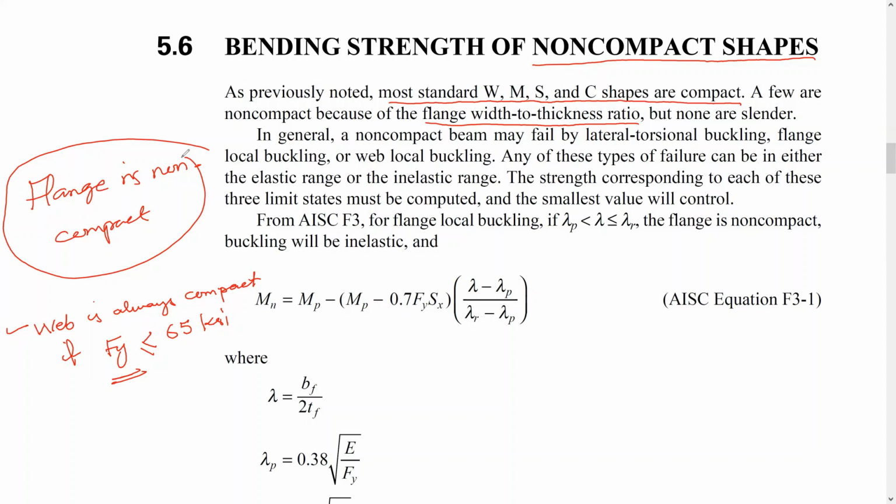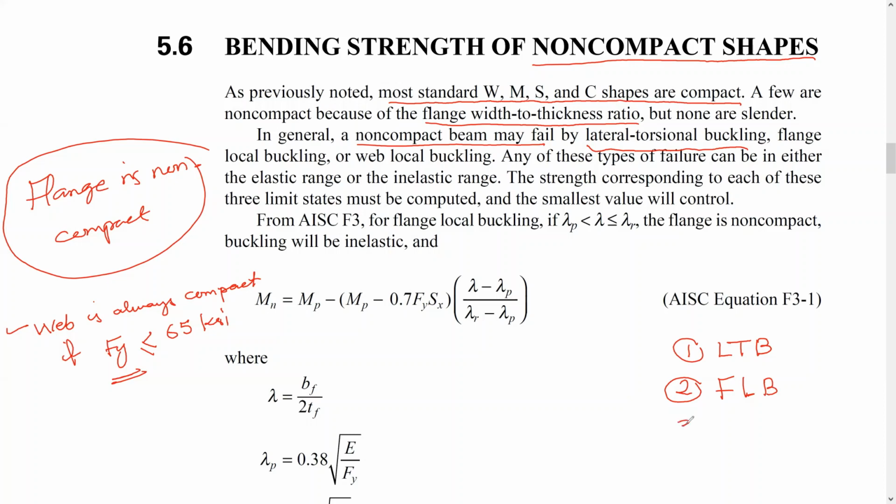As with the compact beam, the non-compact beam may fail under three limit states. The first one is lateral torsional buckling. The second one is flange local buckling, because the flange is a part of the cross section, so if there is buckling in this flange, it's a local buckling.